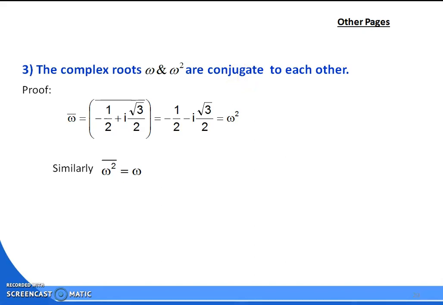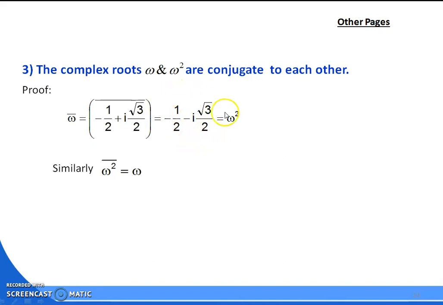Clear? Similarly, if we take omega and omega conjugate, this is the value of omega: minus 1 by 2 plus I into root 3 by 2, and its conjugate, written with a bar, means you have to change the sign of the imaginary part. Here the sign of the imaginary part is plus, you have to change it to minus, that is the conjugate.